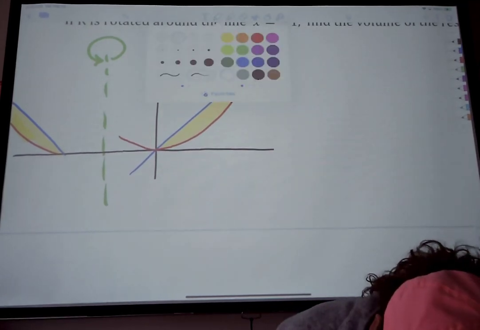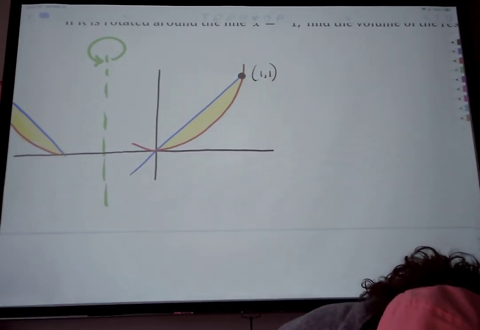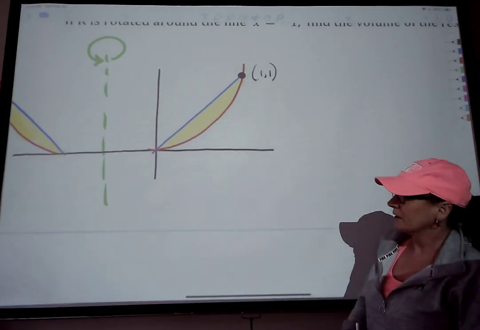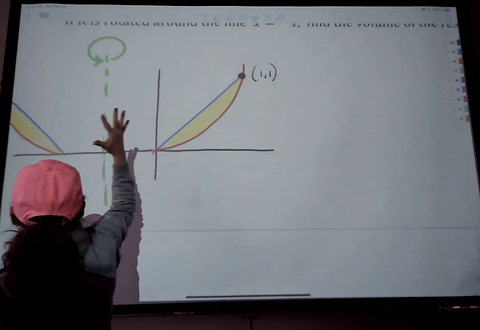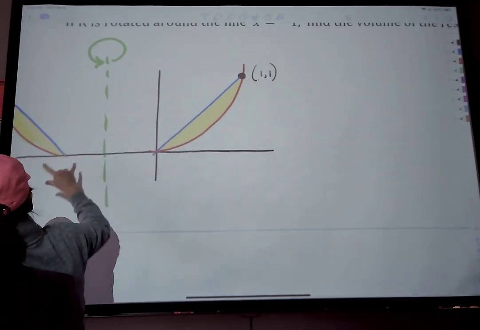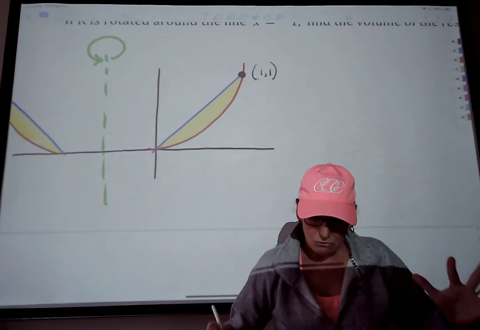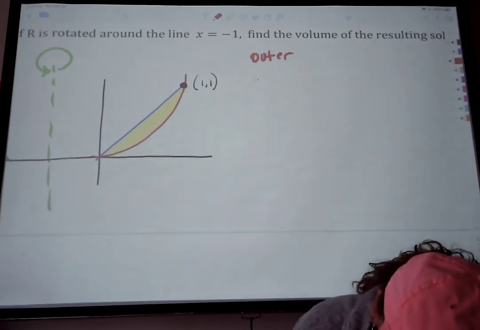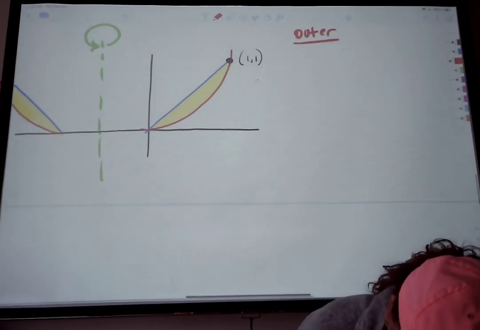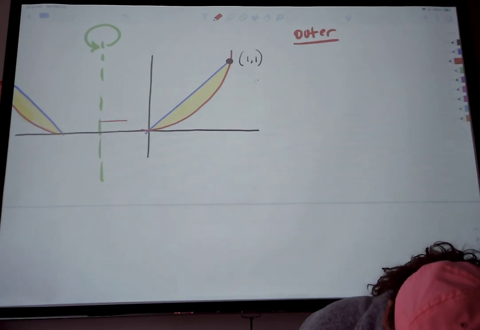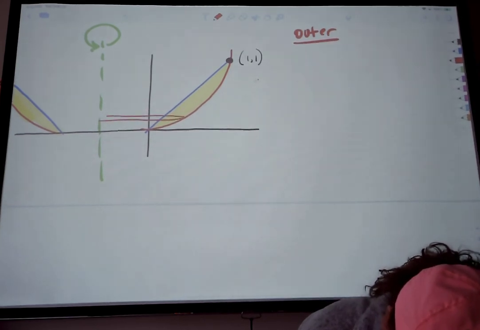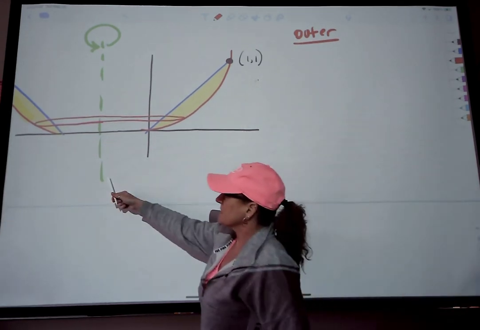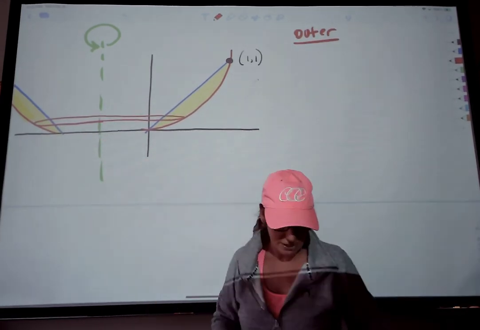You can kind of imagine it. Okay, so it starts its revolution, it starts one away, it's one away over here. The red is going to be on the outside. Red is my outer. I'm going to draw a few circles. Ready? Red to red. This is the center, red to red.